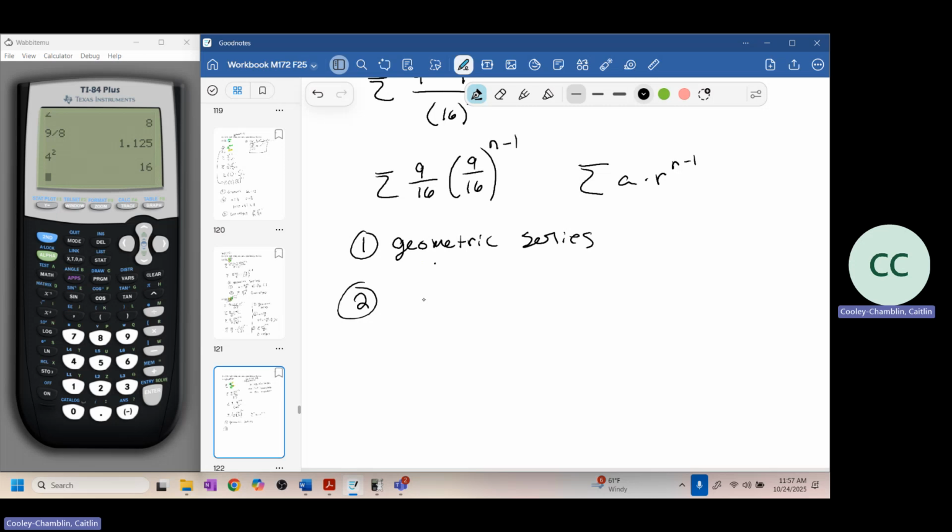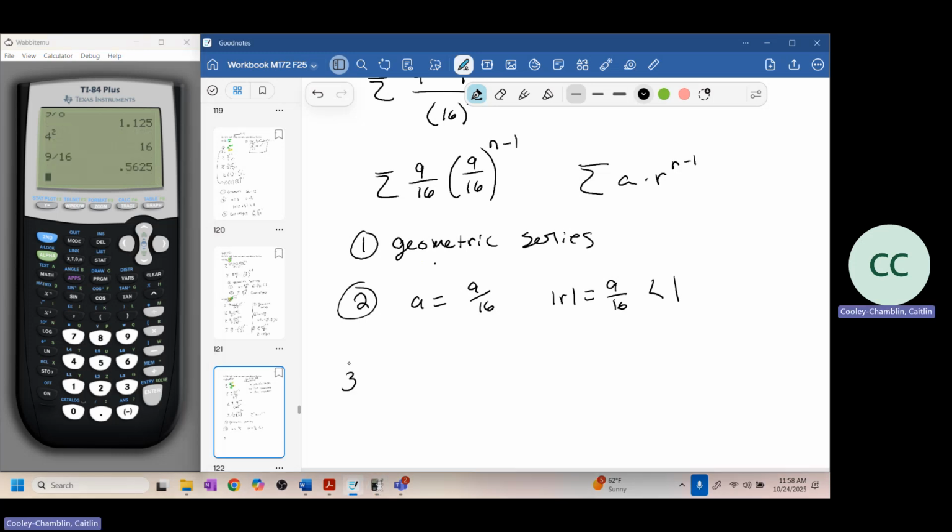Step 2, I can prove it to you because a equals 9/16. The absolute value of r, which is 9/16, is less than 1. Again, if we're not sure, 9 divided by 16 is 0.56. It's less than 1.